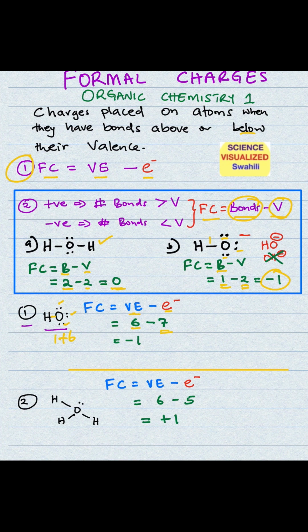So 6 minus 7 gives you minus 1, which agrees with what we saw before. So it has a charge of minus 1.